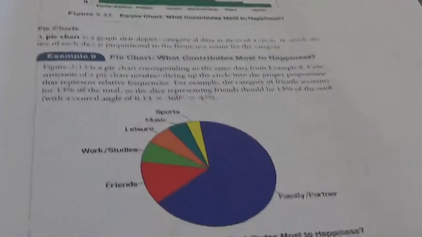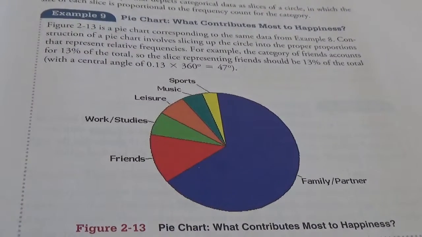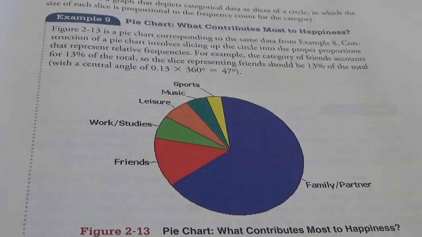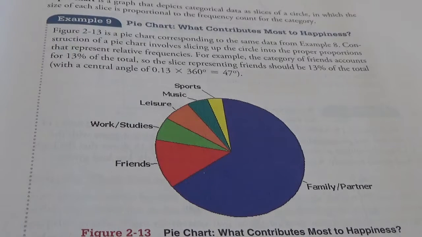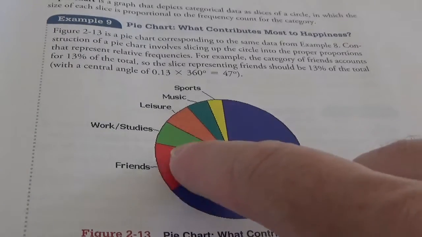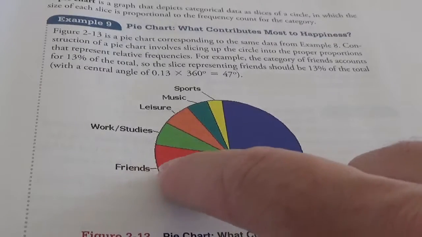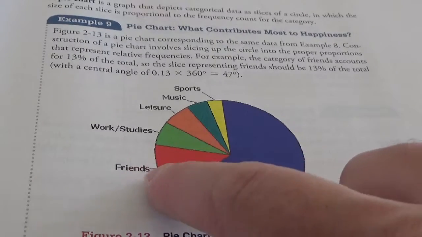Then there are pie charts. A pie chart takes a circle, just like you guys know, and takes the percentage of each thing and displays it within that circle. So this is 13% friends. What contributes to happiness?